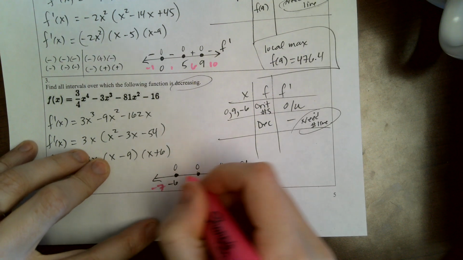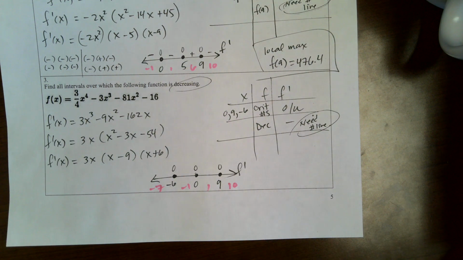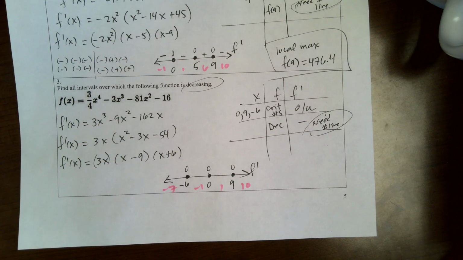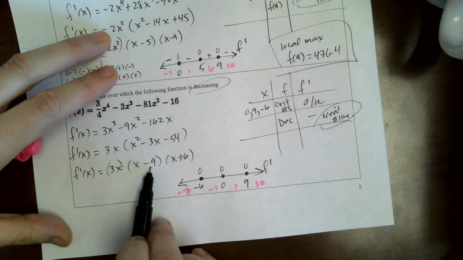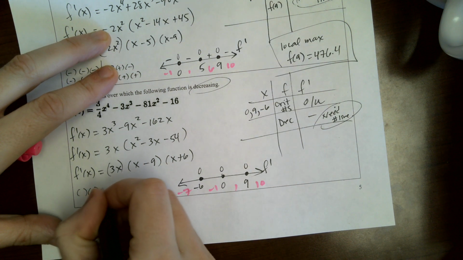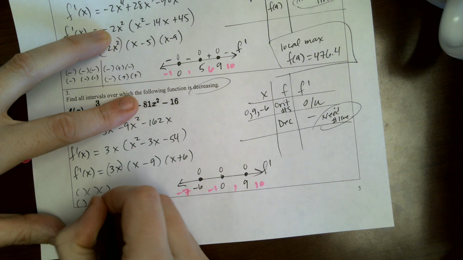So I'll do -7, -1, 1, and 10. And then I'll look at this as one factor. Okay, so I have these 3 factors, and I'm going to plug each of those in and do a sign test. And I have to do it 4 times.